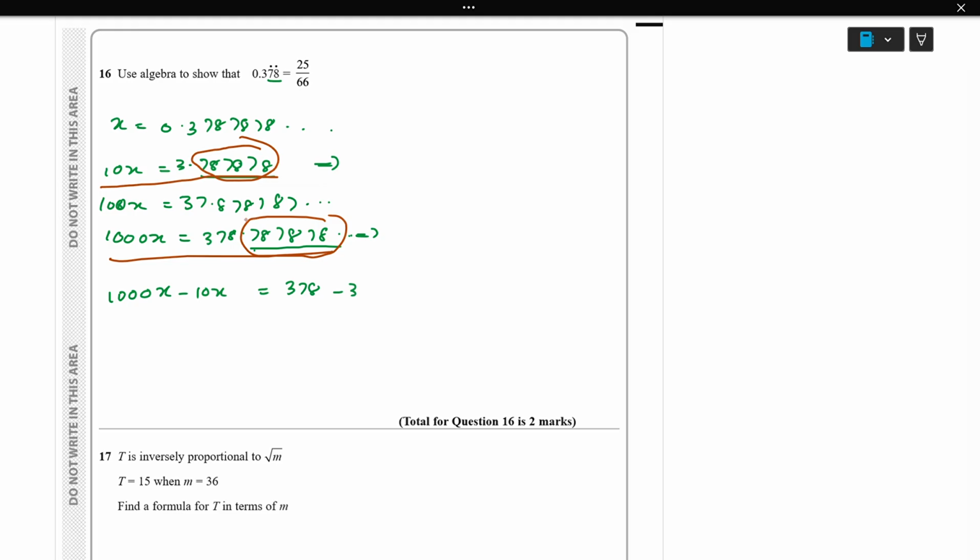When we subtract, the decimal part is gone, leaving 378 minus 3 on the right, and 1000x minus 10x on the left. So 990x equals 375. So x equals 375 over 990. Simplify and you will get 25 over 66. That's the final answer.